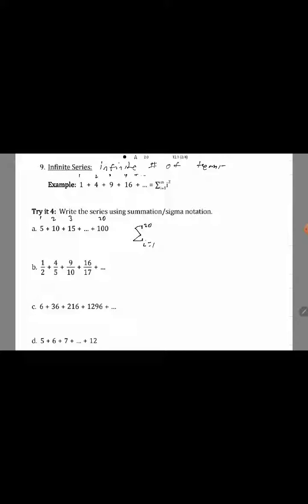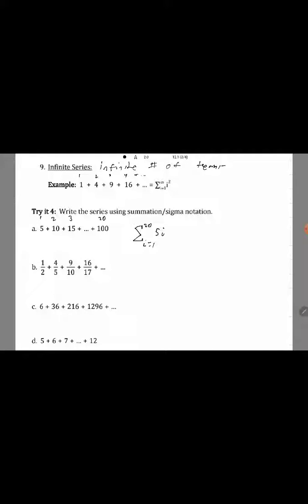And then my equation is 5i. 5 times 2 is 10, 5 times 3 is 15. So what this sigma notation says is, sigma means sum. I want the sum of all the terms from the first term all the way to the 20th term of this equation here, 5i.